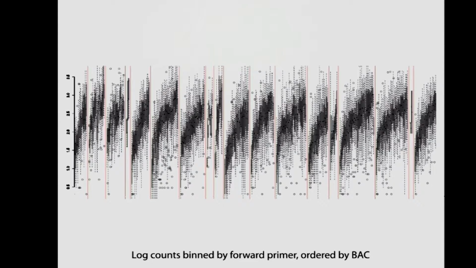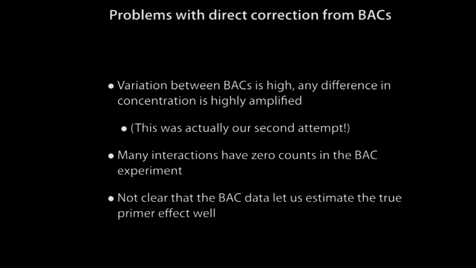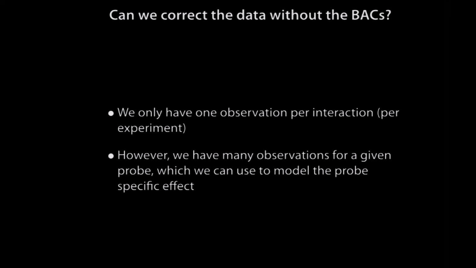You could choose a set of representative interactions to try and normalize for, but you're not going to be able to do the whole thing. And we've looked at this a lot. The other issue is it's actually not really clear that the BAC data estimate the true effect well, because of whatever's going on with structure.